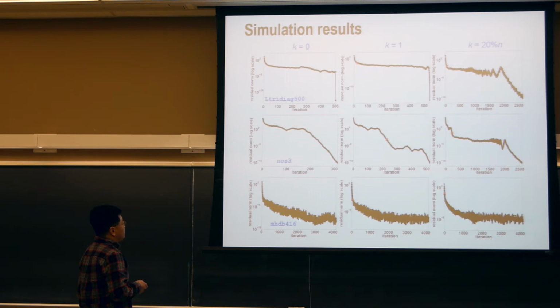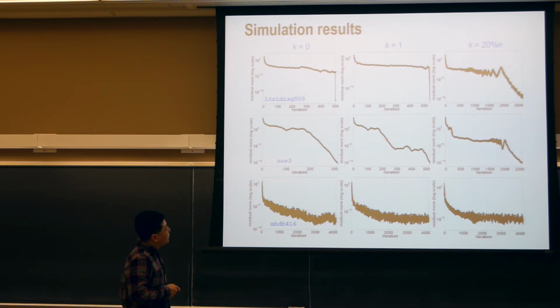For this matrix, this is a hard matrix, because even when no fault happens, after 4,000 iterations, which is exactly 10 times the size of this matrix, 416 times 10, the maximum number of iterations we give it, it cannot reach 10 to the negative 10. And when faults happen, whether one fault or many, the convergence gets worse compared to no fault.